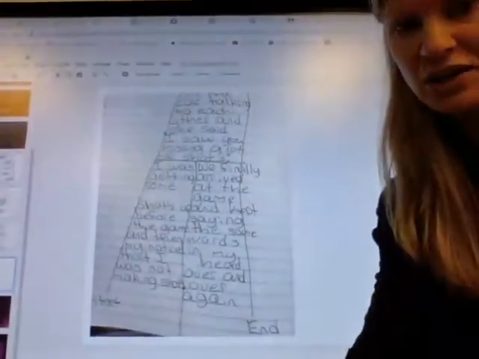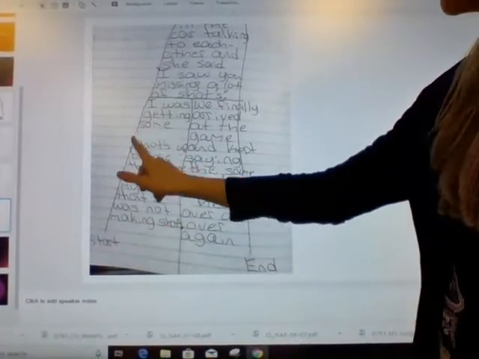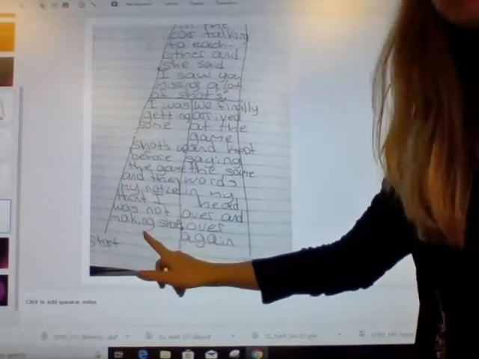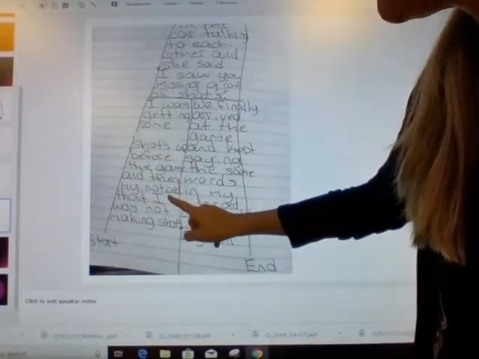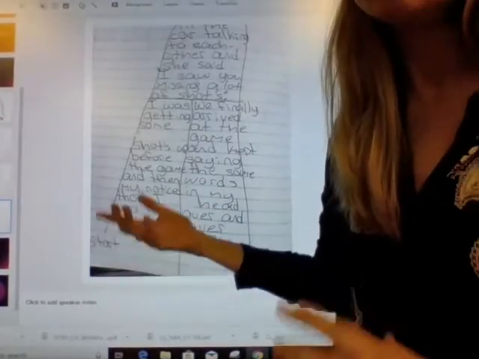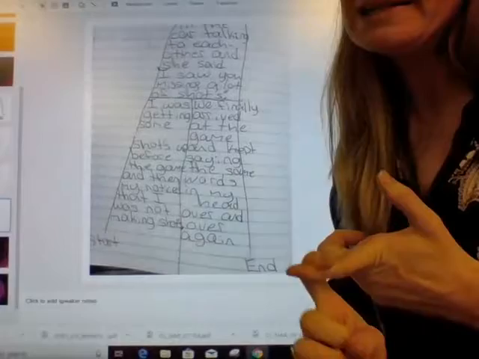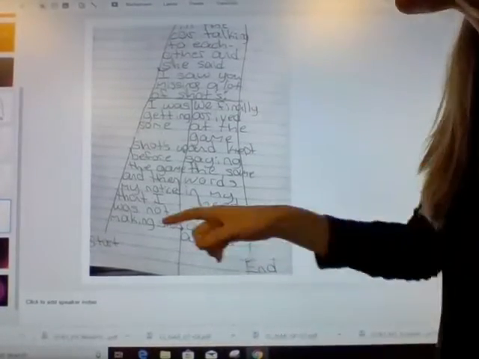I'd like to show an example of what a plot line should not look like, which is in this example. So they have three notes. The first one is, I was getting some shots up before the game, and then I noticed that I was not making shots. Not a whole lot of detail, and it doesn't really make sense to me as a reader.